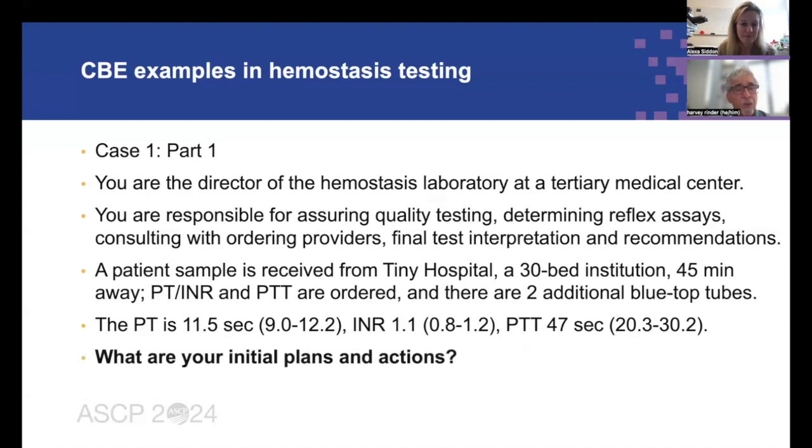So here's where we would start to ask our resident or fellow to give us their plans and actions in a free-form way to decide how to take care of this patient, how to get answers.